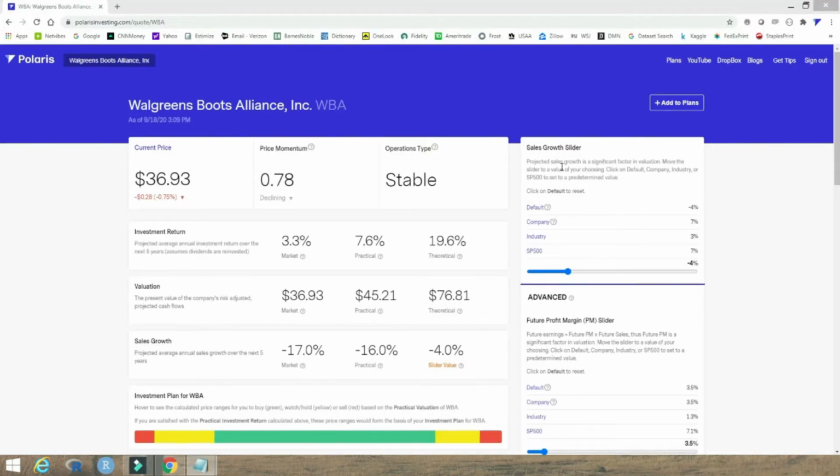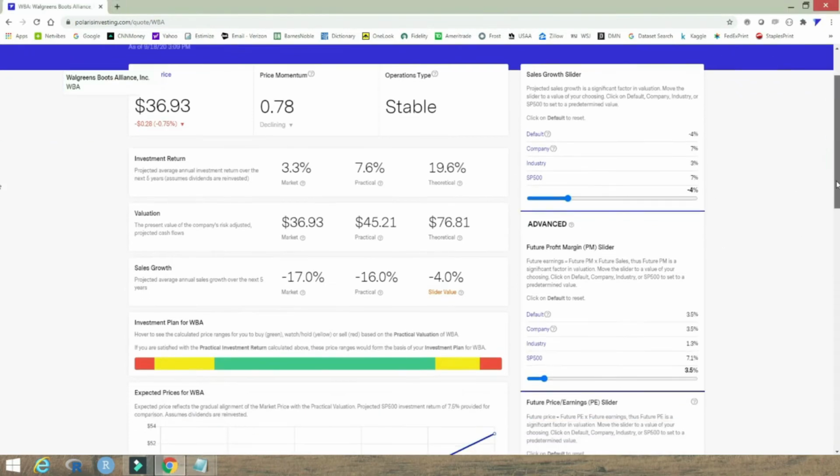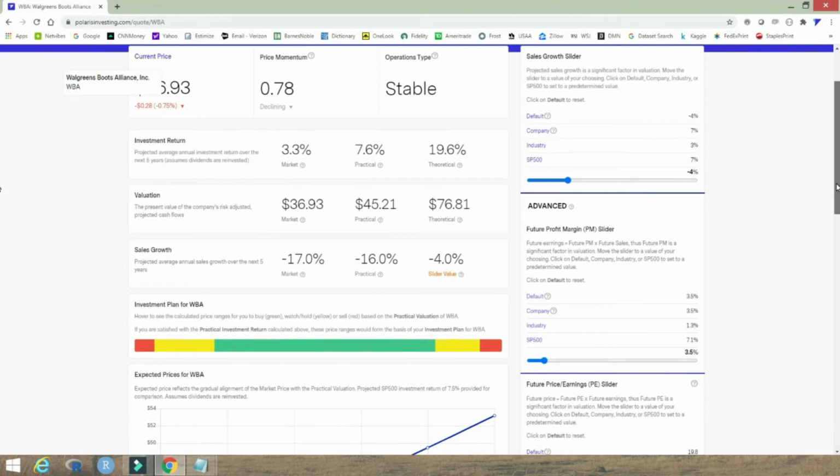As already mentioned, since originally recording this video, you can now explicitly enter the future profit margin and future price earnings multiple through the new sliders that have been added.